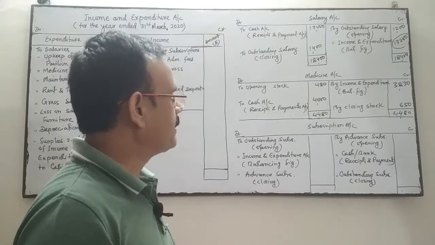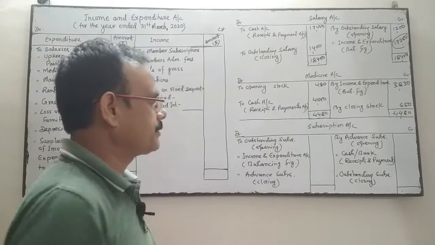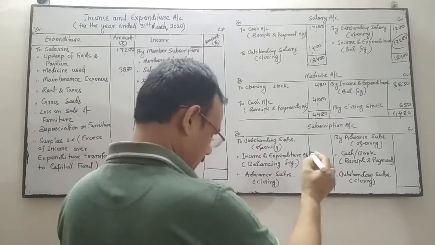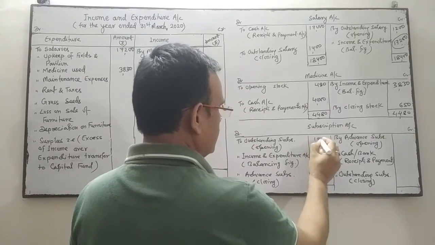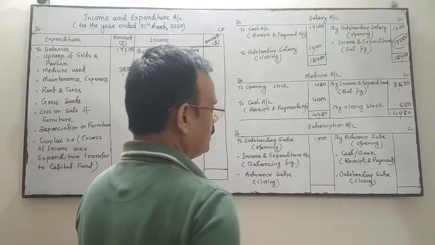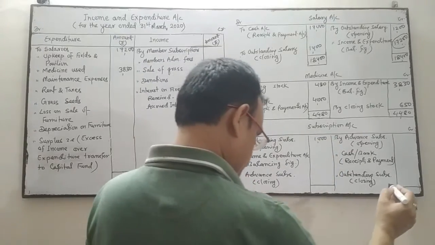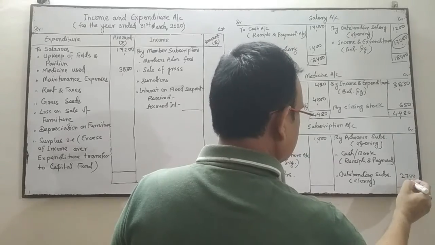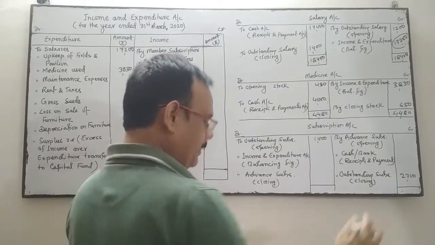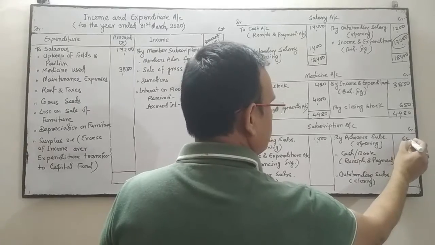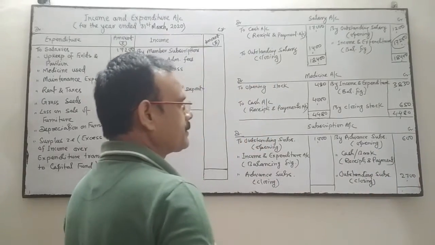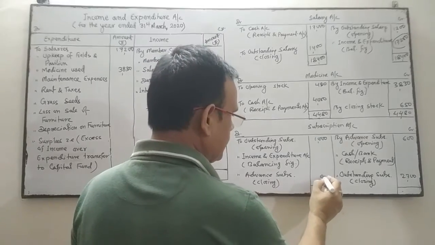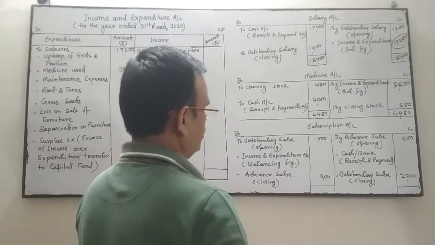Next ledger is your subscription ledger. Outstanding subscription opening has been given, it is 1,000. Outstanding subscription closing 2,700. Advance subscription opening 600, which you have to write in the credit side of the subscription ledger, and advance subscription closing 900 in the debit side.